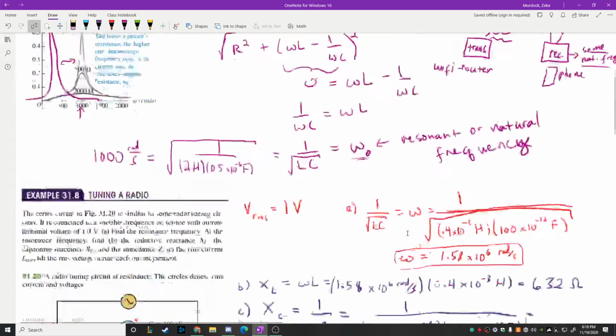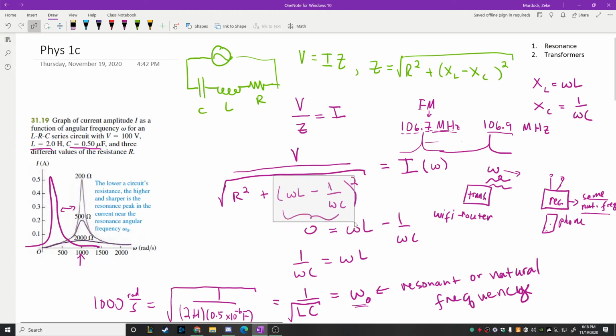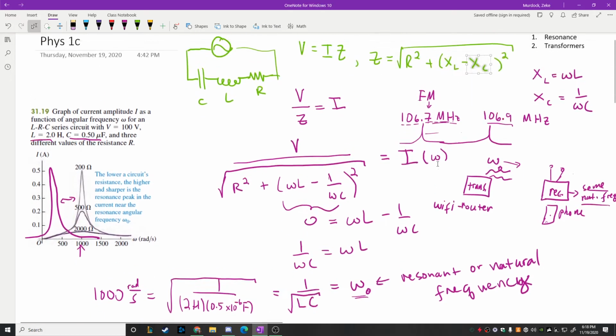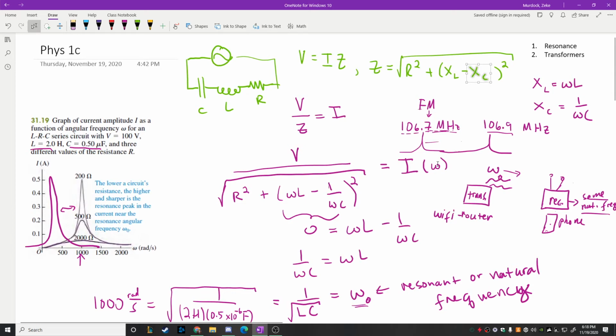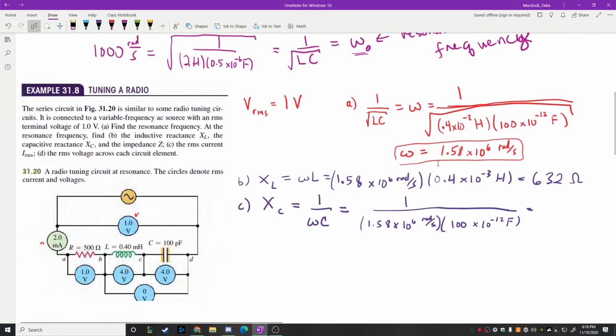Remember the whole idea of what resonance frequency is that it makes this quantity equal to 0, which means that it technically makes this quantity equal to 0. We just calculated X sub L, so what does X sub C have to be? The same, exactly. Not 0, but they should be the same.